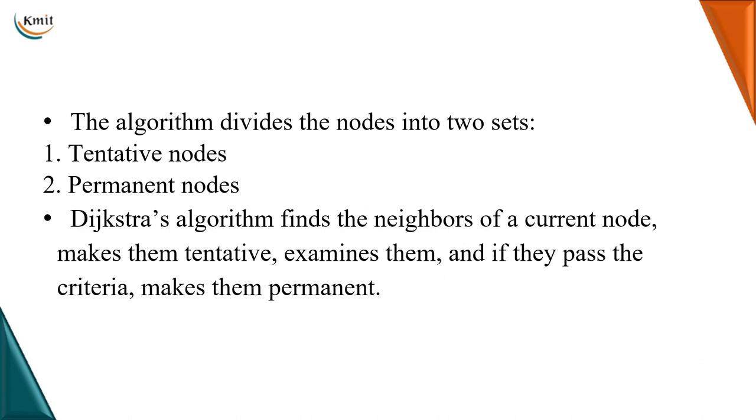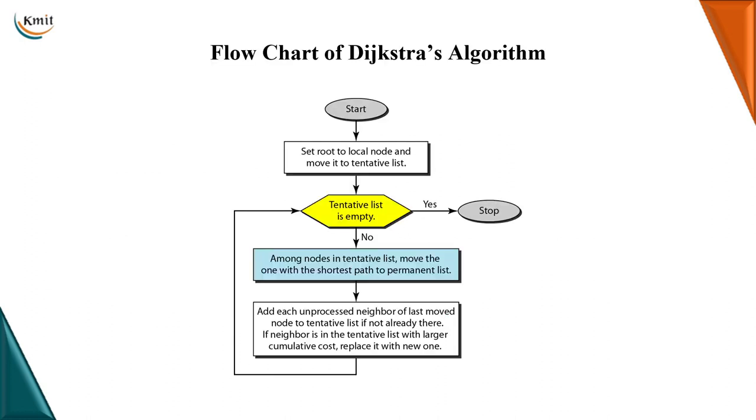It will divide the set of nodes in the network into two: permanent nodes and tentative, or temporary, nodes. What Dijkstra's algorithm does is find the neighbors of the current node and make them tentative. After examining them, when they pass the criteria, it will make the nodes permanent. Okay, we will understand this with an example. Let us see the flow chart, or the workflow, of Dijkstra's algorithm.